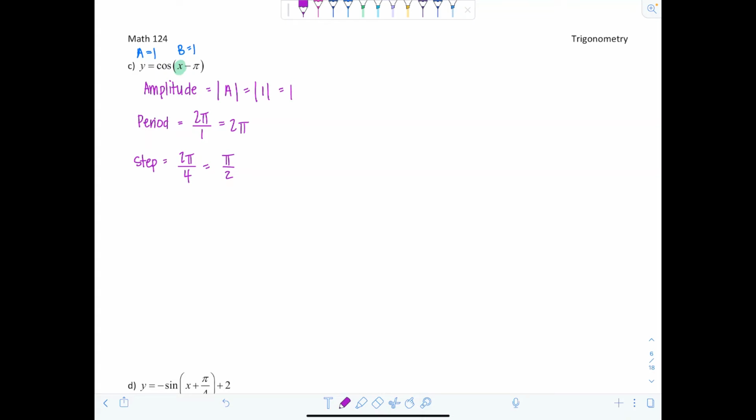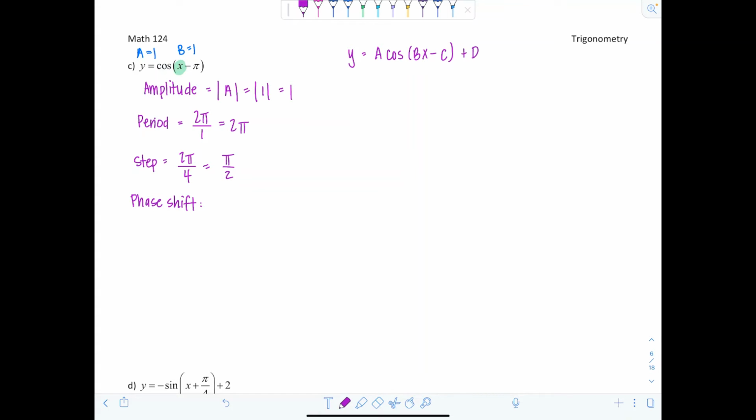And then here is our phase shift. Okay, the phase shift you find by looking at this constant here. So I'm going to write down the original form. We have y equals a times cosine of bx minus c plus d.